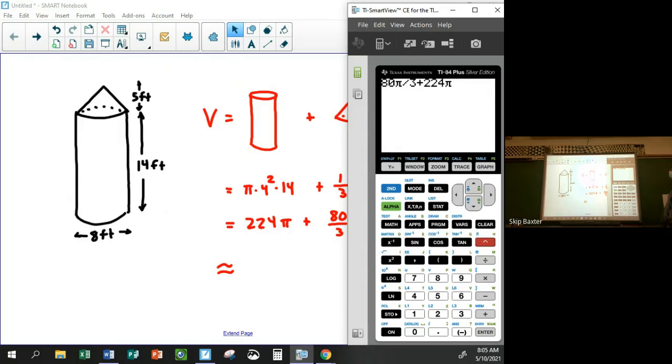If you're ever in doubt as to whether or not you need parentheses, then use parentheses. But in this case, I think it's going to work out fine because of order of operations. It's going to do this multiplication first, then this division, then this multiplication, and then it's going to add those at the end. So it's 787.5.